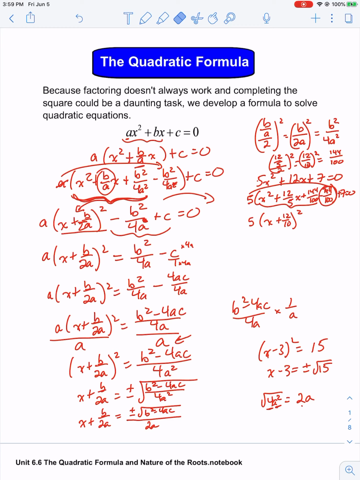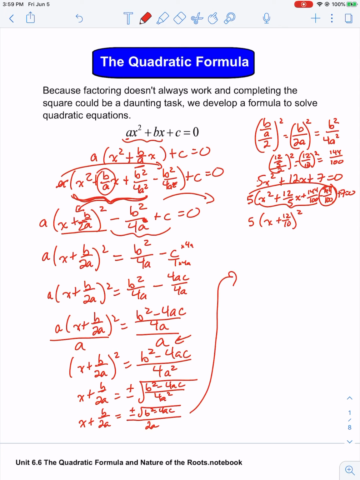Now I'm running out of room, but I'll do it over here. I want to bring this b over 2a over to the other side. So that's going to be x equals minus b over 2a plus or minus the square root of b squared minus 4ac all over 2a.